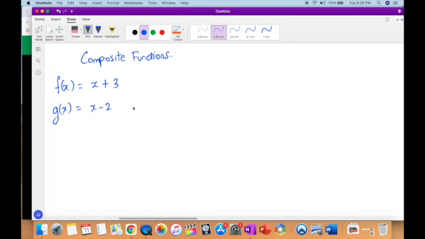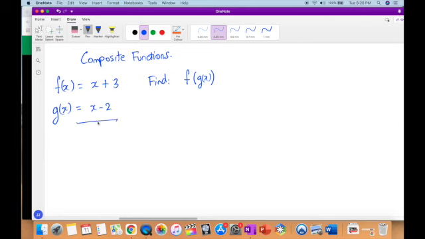But what if I have now the f of the g of x? What do you think I have to do? Find the g of x. Look, that is the g of x.